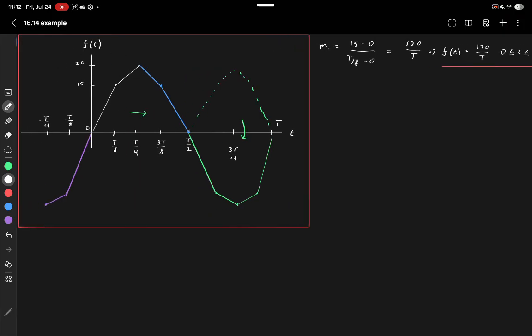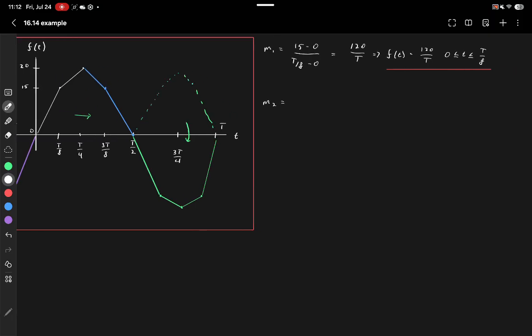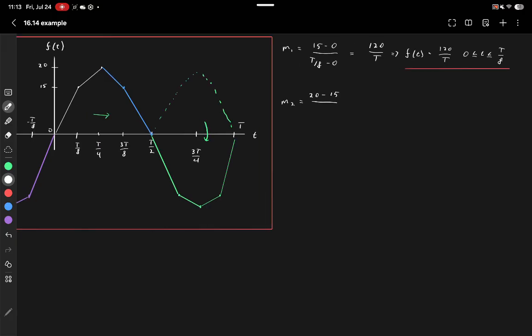Now, we're going to do this one right here. And this is pretty much the same thing, but a little bit more analysis because we're not right there at the origin. We've got 20, and then we're going down here to this 15. And then we're going from T over 4 this time down to T over 8.